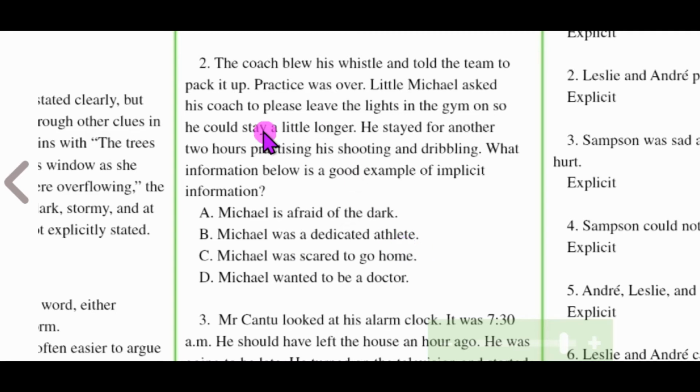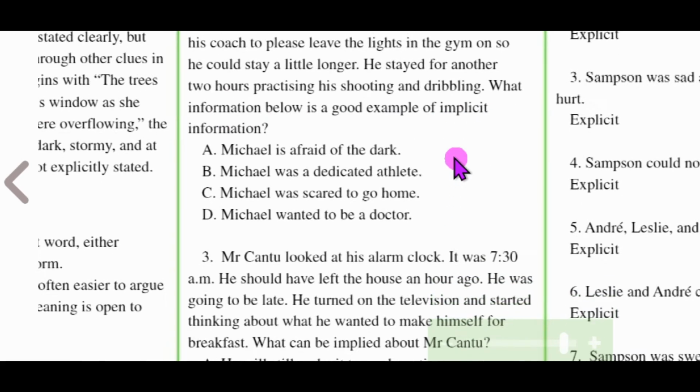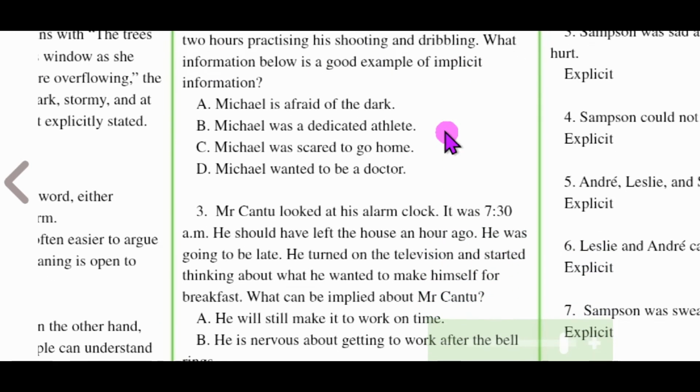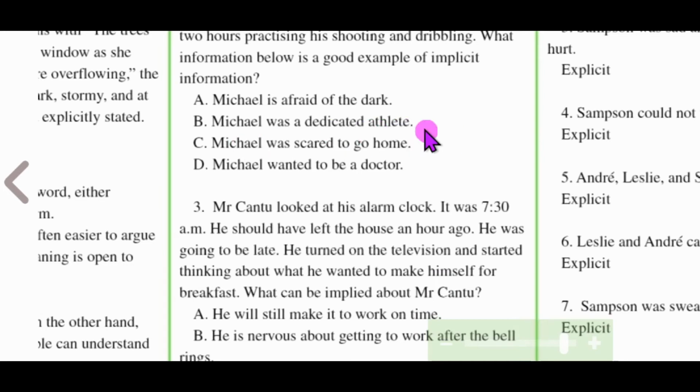Why? Practice is over, but he asks for permission to stay behind so that he could continue for 2 more hours practicing his shooting and dribbling. All right, so that shows dedication, going above and beyond the call of duty.